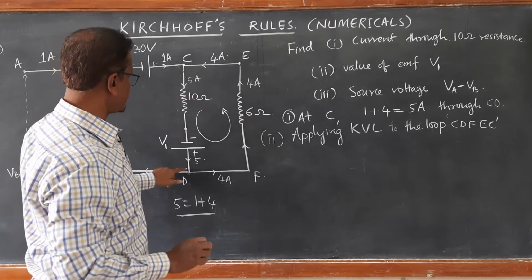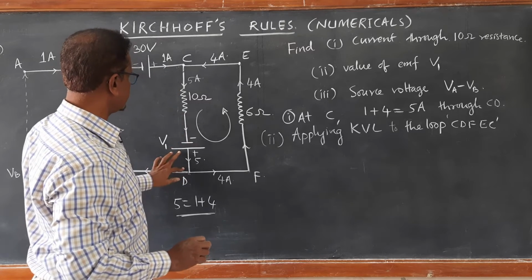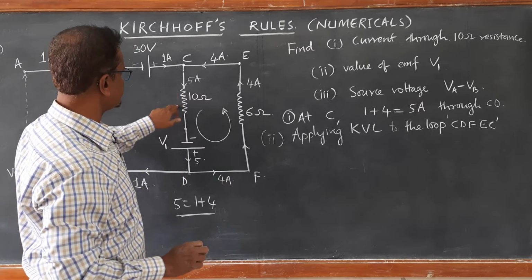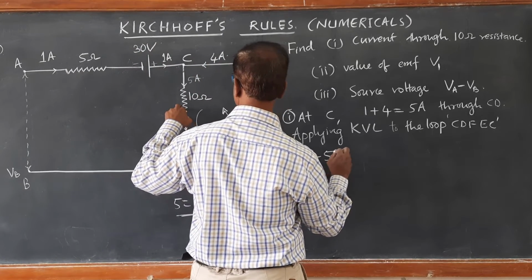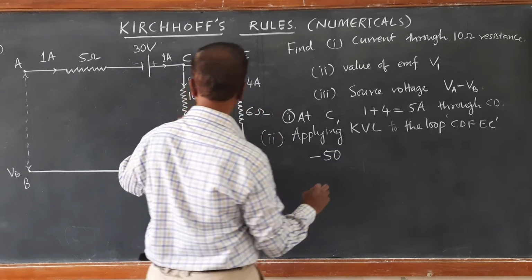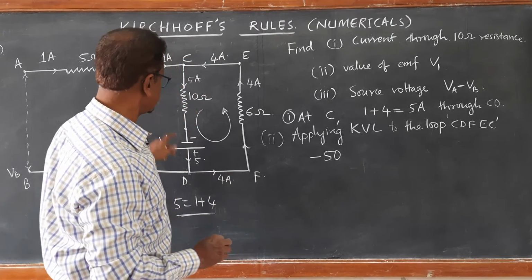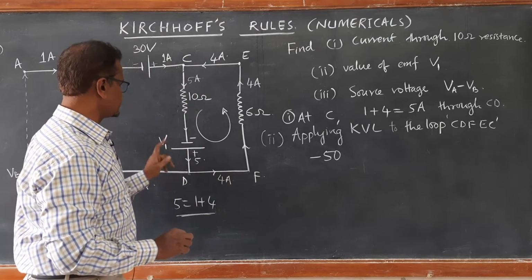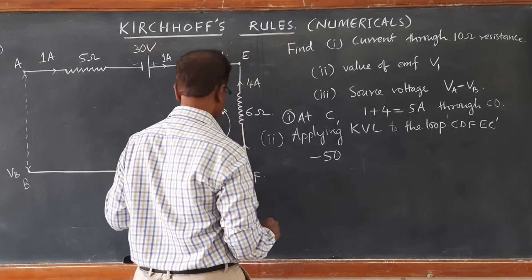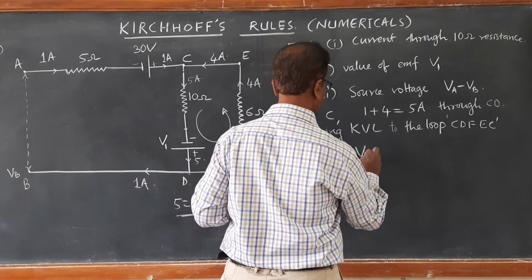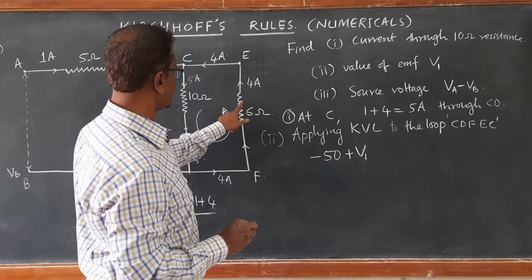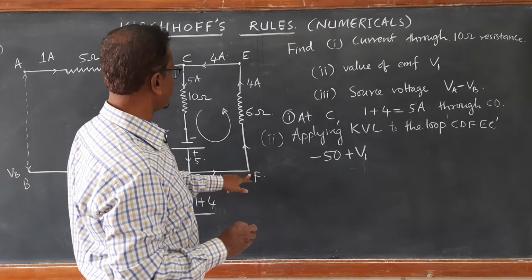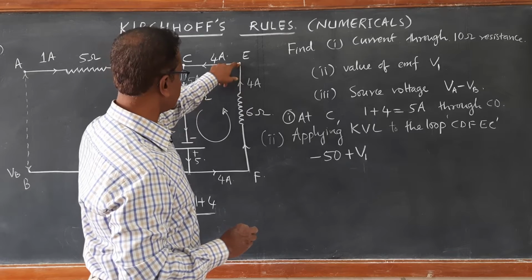So there is a drop in potential here from C to D. Therefore, it becomes minus 50, 5 into 10, RI product. And here there is a rise in potential, therefore it becomes plus V1. And 4 ampere of current is flowing down here, and F is at higher potential and E is at lower potential.